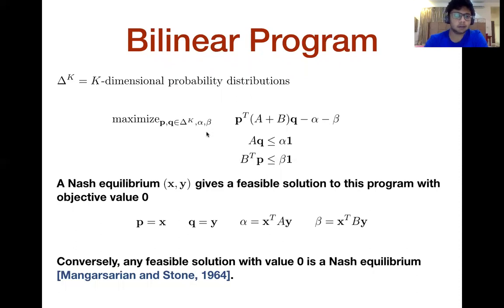They show that a Nash equilibria X and Y gives a feasible solution to this program with objective value 0. And also the other direction, that any feasible solution of this program with the value 0 is a Nash equilibria of the game given by A and B matrices.